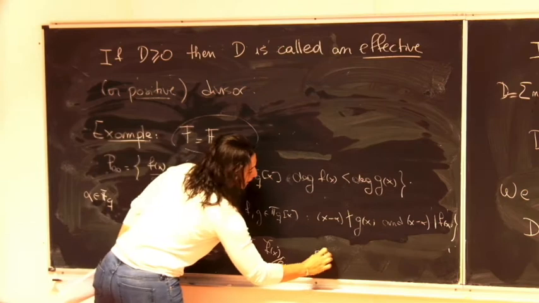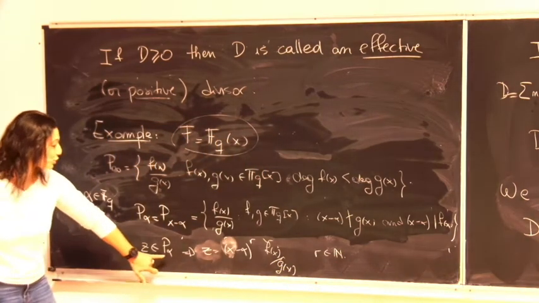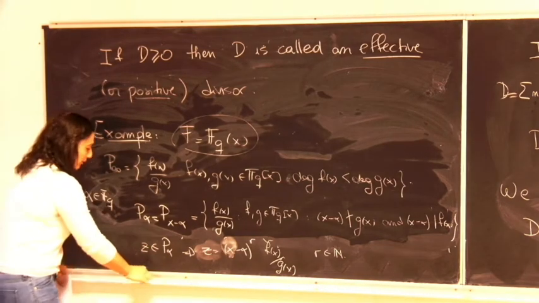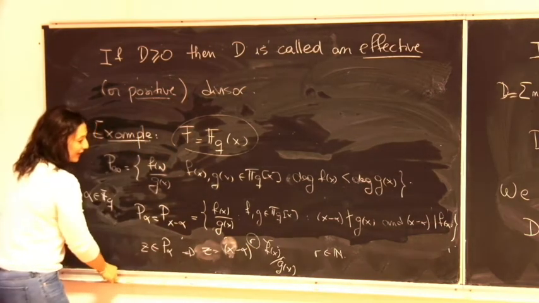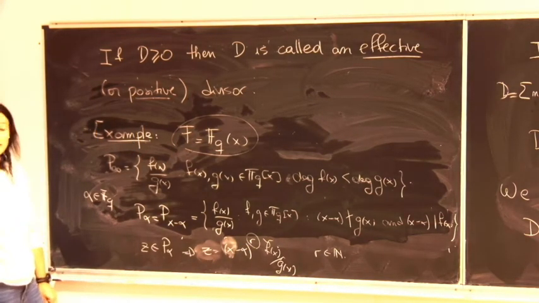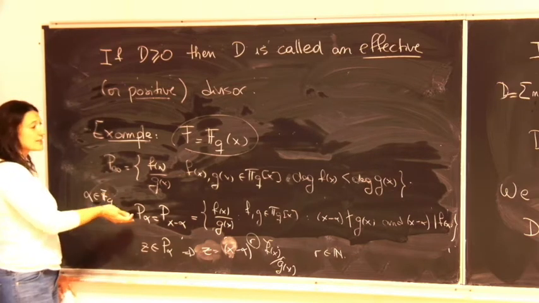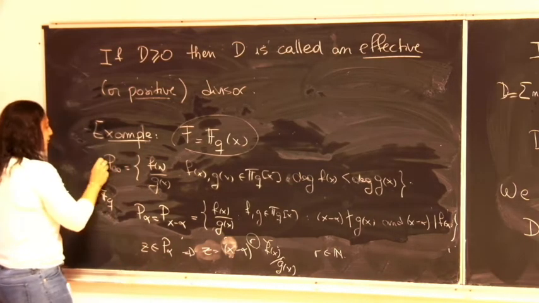I'm assuming that r is a natural number because I want this element to be in P_α. Recall that the evaluation of this element was that power. So these places in F_q are degree 1 places.